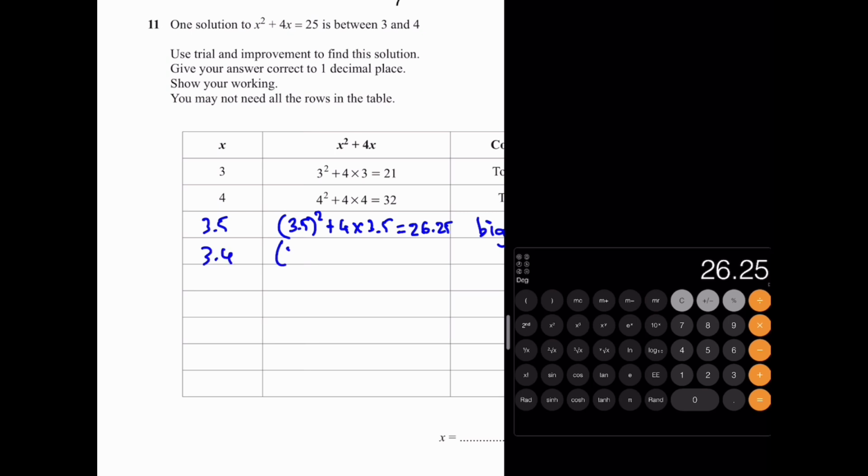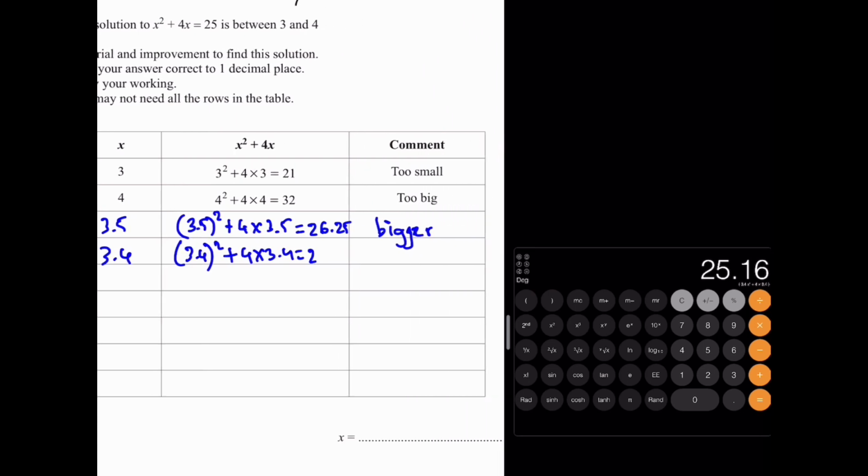3.4, so 3.4 the whole squared, plus 4 into 3.4. And now let's do that. 3.4 squared plus 4 into 3.4, which is equal to 25.16. It's nearly equal, but it's bigger.